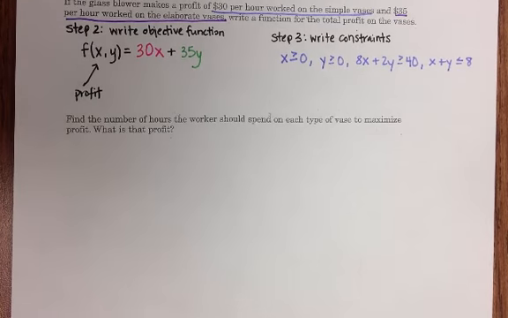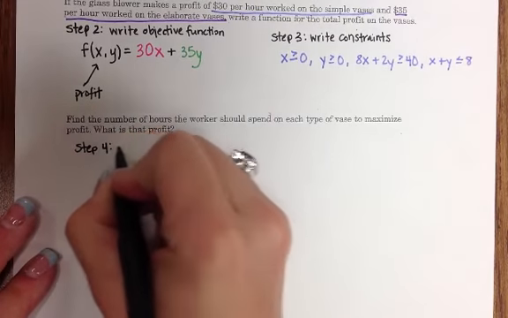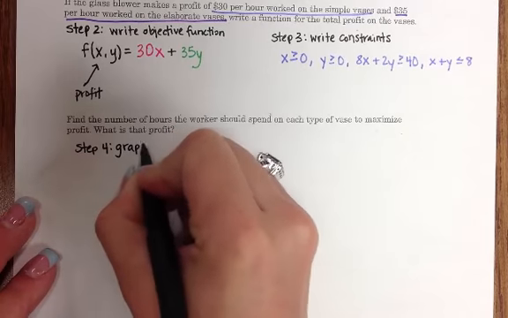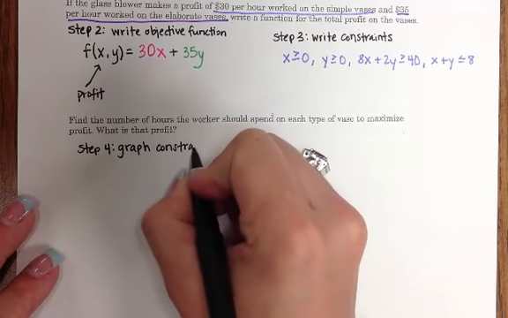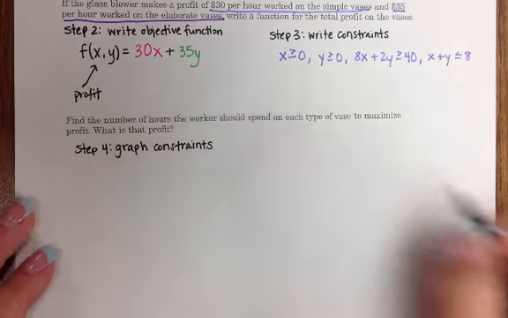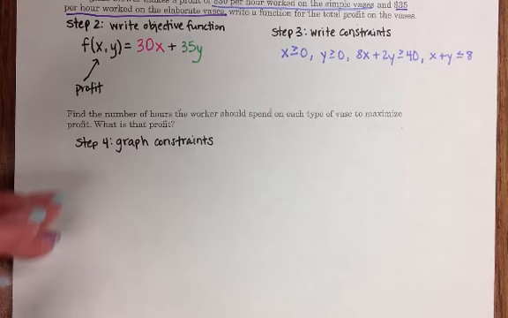Now that we have our constraints, we can put together a graph. So step 4 is to graph the constraints. In order to graph these, we want to solve for our intercepts because we know that these are linear. So we just need 2 points and then we can connect our 2 points.